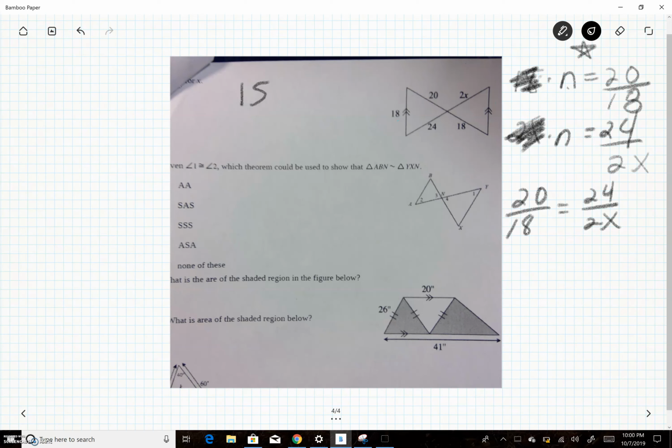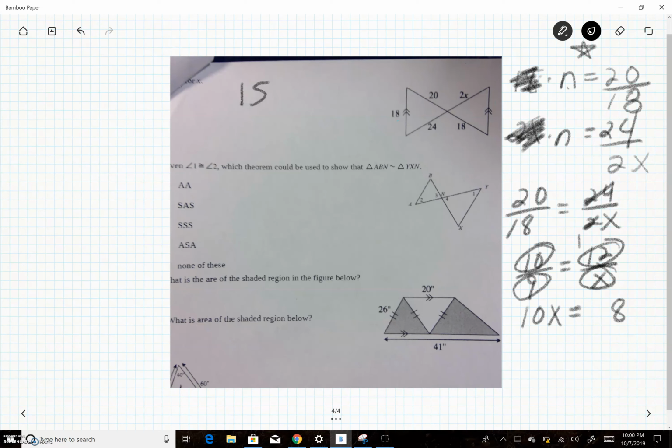And to make my mental math a little bit easier, I'm going to reduce this. So I can reduce 20 over 18. If I cut each of those numbers in half, I get 10 over 9 is equal to 24 over 2x, which is the same as just 12 over 1, right? So we'll just leave that x. Then I can cross multiply. So I take x times 10, and I get 10x is equal to, and then I do 9 times 12.